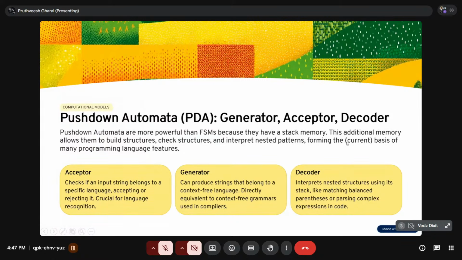It can also answer questions about how many brackets there are. Let's say it reads this word and encounters an open bracket, and we asked the pushdown automaton whether this bracket will close or not.